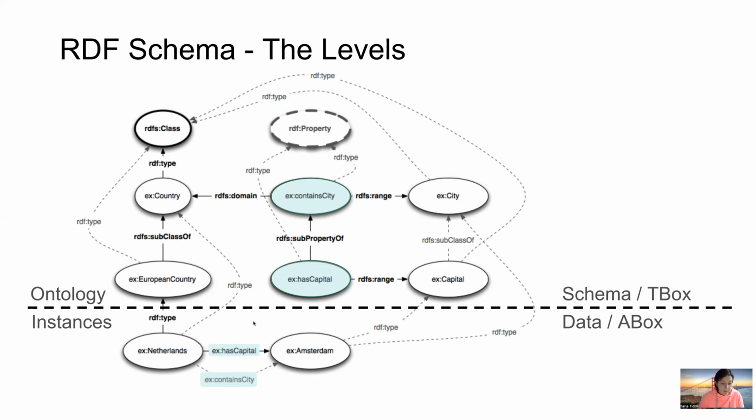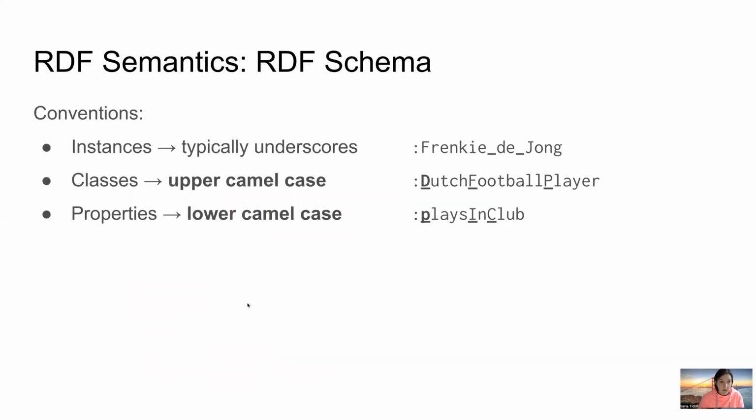So with that, let's remember a couple of conventions when you write RDF and RDFS files. Try to use underscores to represent instances, for example Frankie_D_Young, instead of white spaces, because we're using URIs and white spaces would be misunderstood.